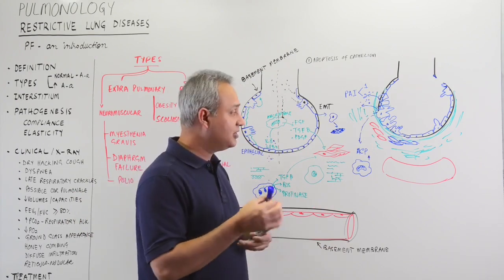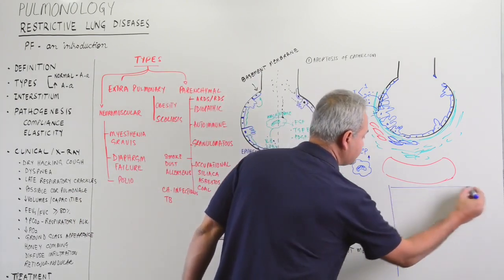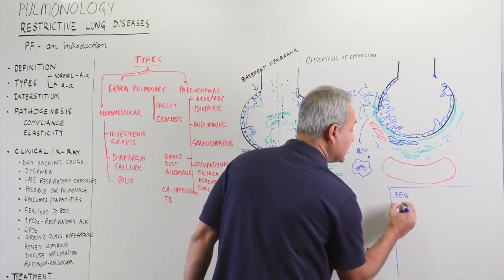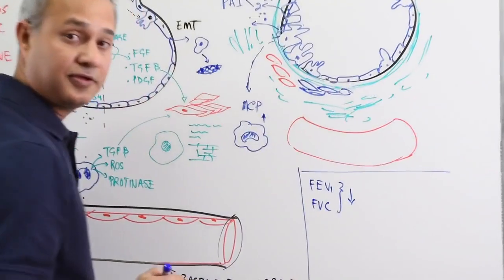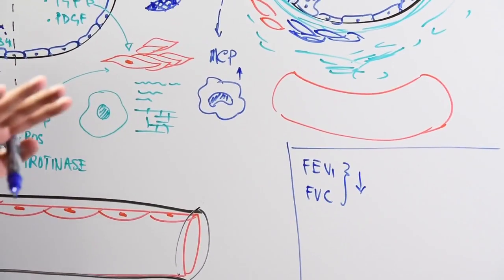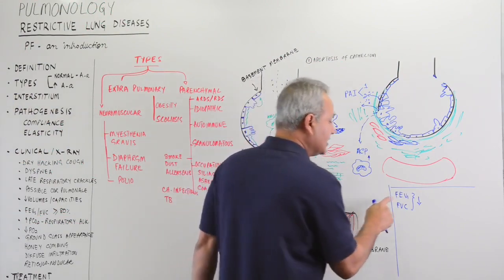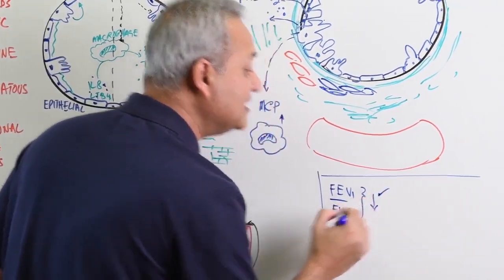So what will happen is that FEV1 and FVC, they both are reduced in general. All lung volumes and capacities are reduced. However, they are all reduced in proportion, and FEV1 actually may have increased.